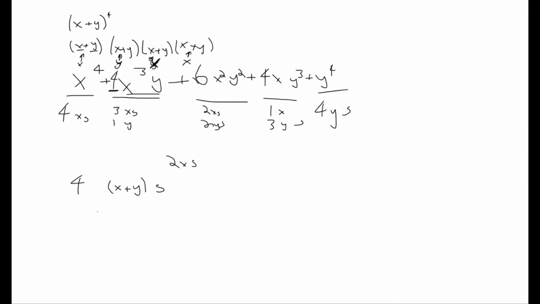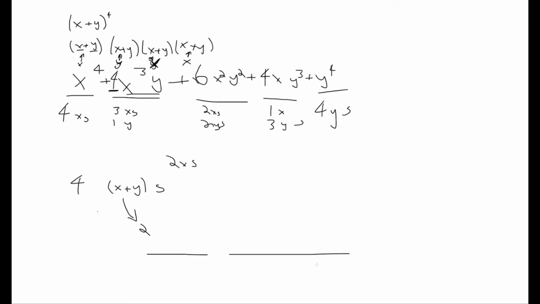And we're finding out how many different ways we can choose 2 of them to be x's. And when we find out how many different ways we can choose 2 of them to be x's, that will be our coefficient. Okay? So we have 4 x plus y's, and we need to pick 2 of them to be x's. Okay? So how many different ways can we take 2 of these 4 x plus y's?